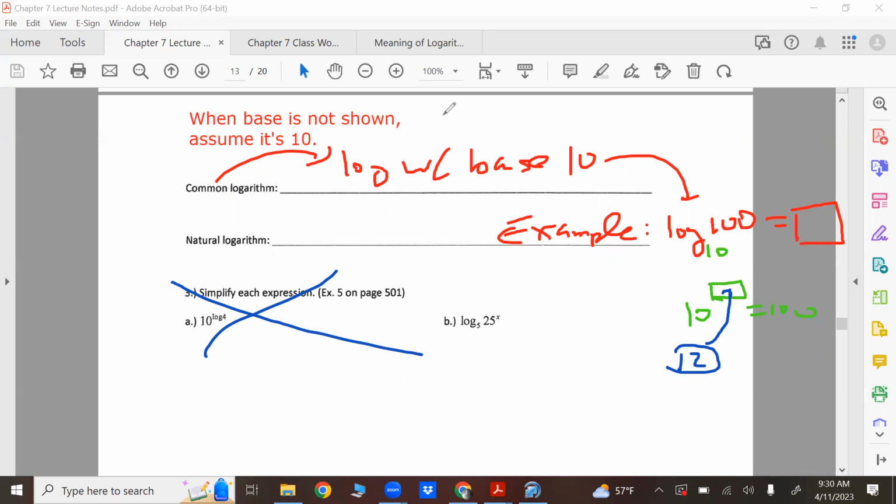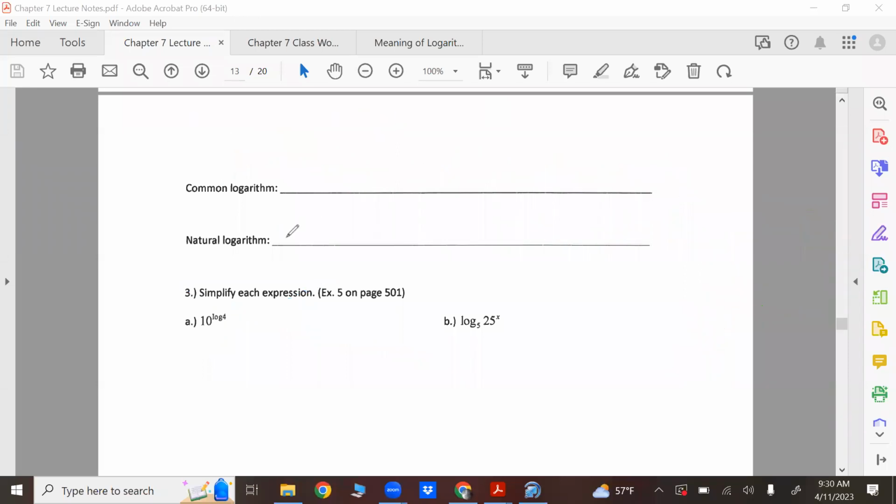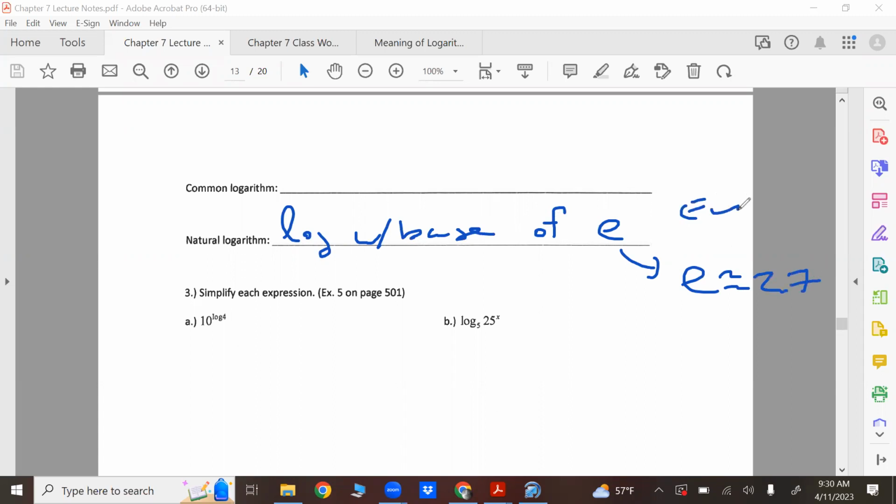Natural log. Natural log looks like this. It's a log with base e. And remember what e was? 2.71. Euler's number. Yep, Euler's number.